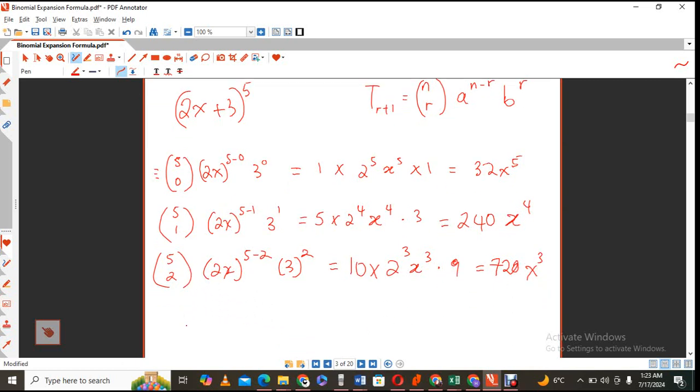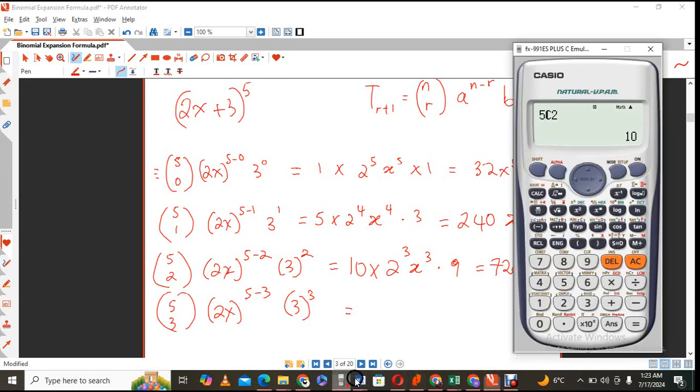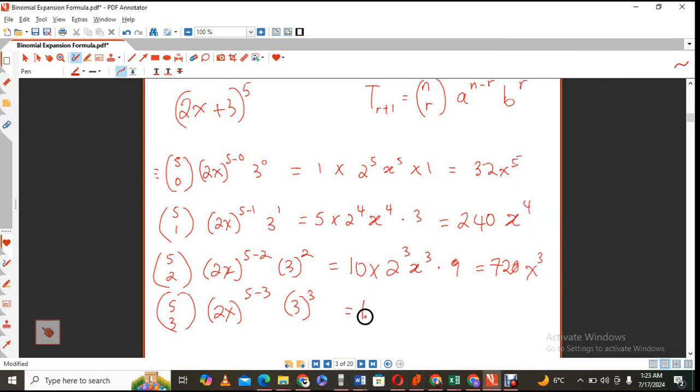That is 5 choose 3. All of these terms are going to be positive anyway. So 5 choose 3, with 2x raised to 5 minus 3, followed by 3 raised to the power 3. It's becoming a little bit horrible, but let's just continue. Again, that's 10, because these things are symmetrical from the left and from the right in Pascal's triangle.